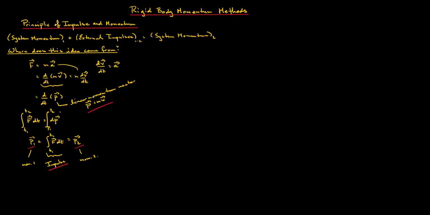Now, when we're concerned with a rigid body, are there additional terms? That is, are there additional forms of momentum? And are there additional forms of impulse that are possible for a rigid body? We're going to seek to answer this question in this video.